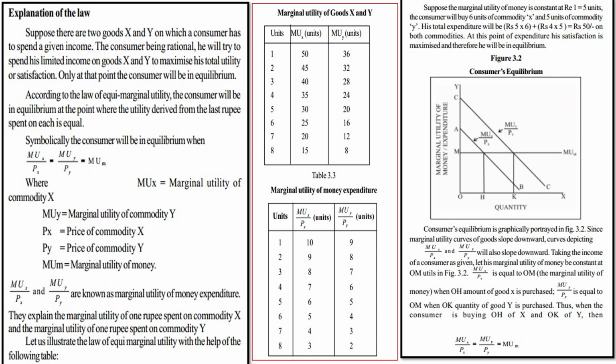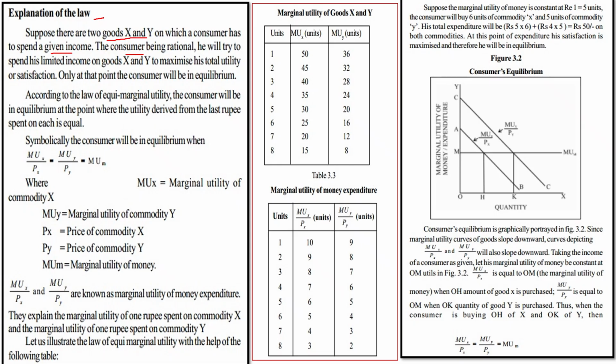Now, let's understand the explanation of the law of equimarginal utility. Suppose there are two goods, X and Y, on which the consumer has to spend his given income. So here we can say that the consumer is rational.